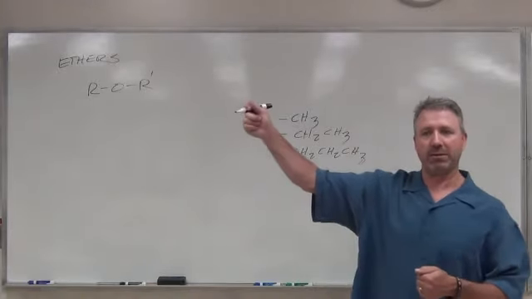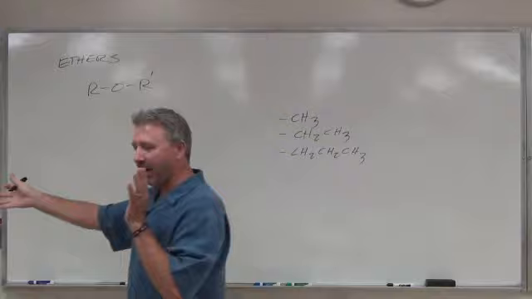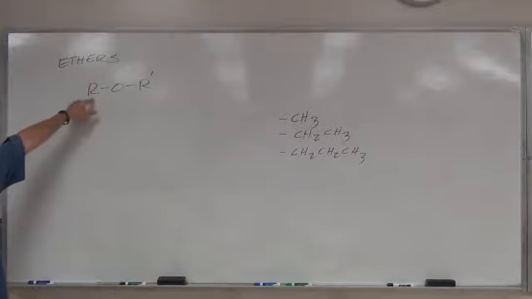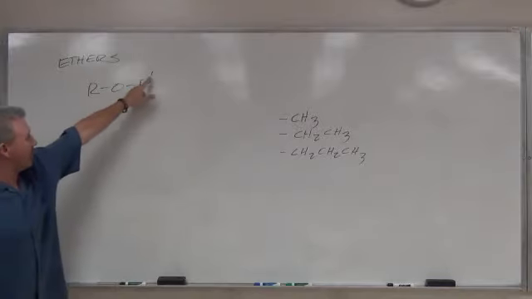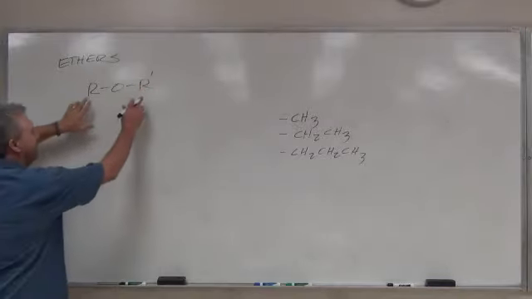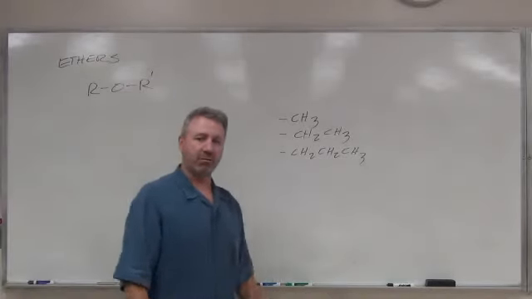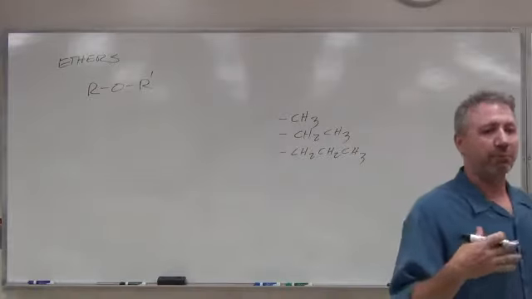It's an R group. That's all it is. Any alkane minus one hydrogen has the potential to be connected here. I put a prime here because these two don't have to be the same alkyl groups. They can be, but they don't have to be.